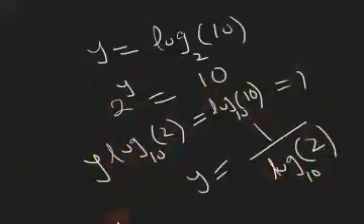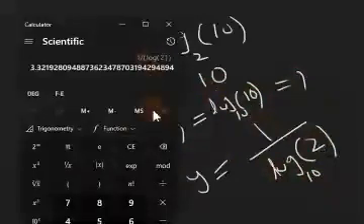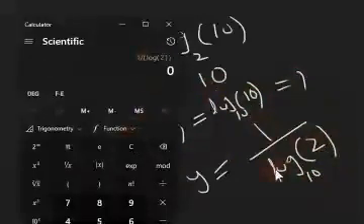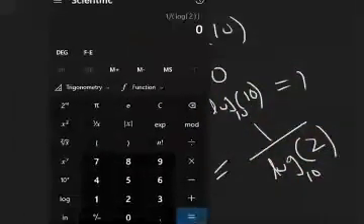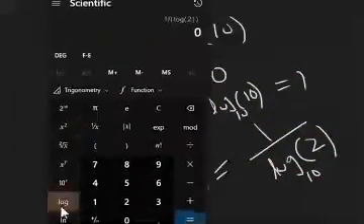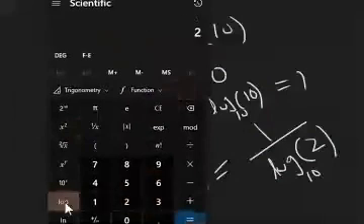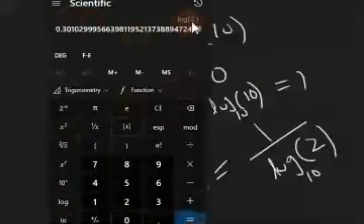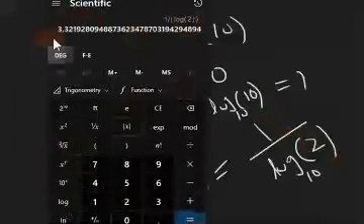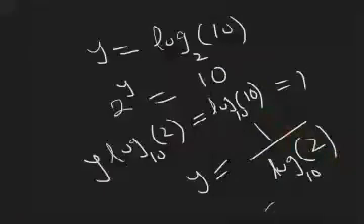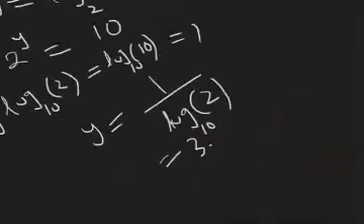Let's take the calculator. Log base 10 of 2 is this. We want 1 over that number, which is approximately 3.32.